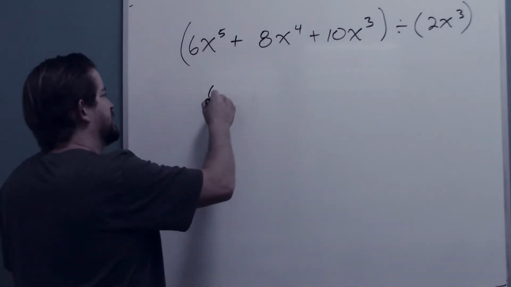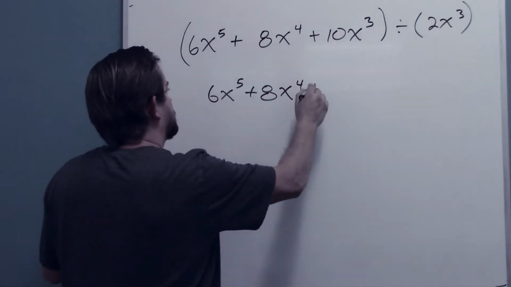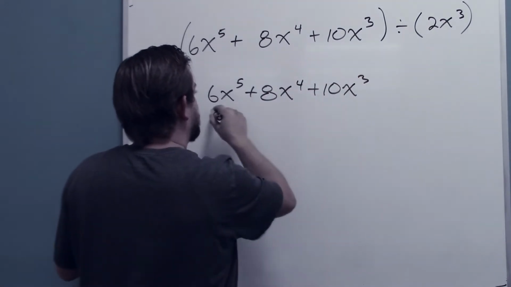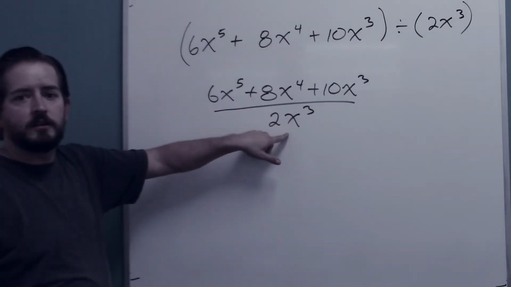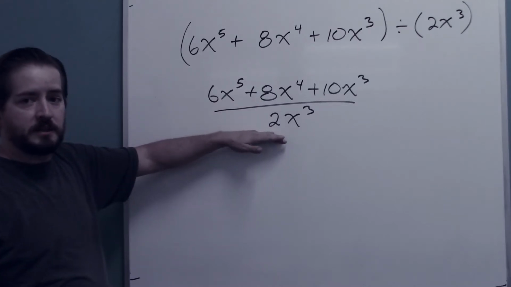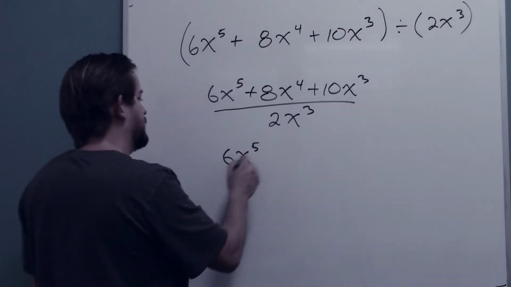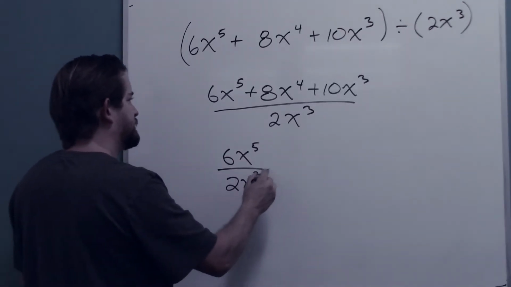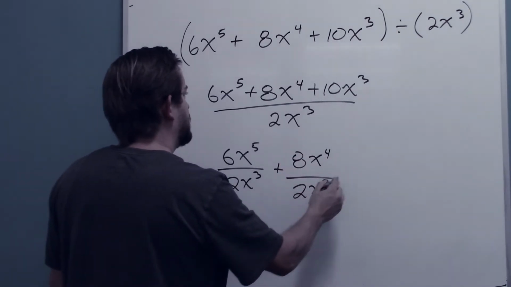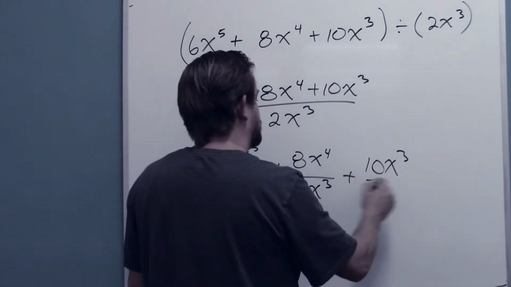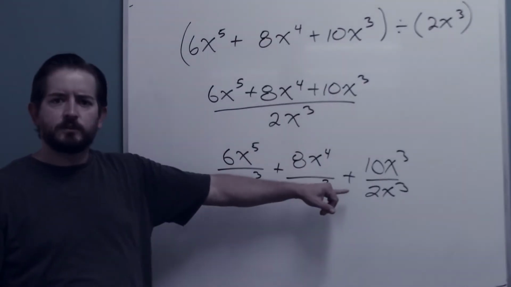Because this division is essentially just a rational expression, all of that over 2x to the third. But again, each of these individually can be placed over 2x to the third because it's just a monomial. So I can write it as this, 6x to the 5th over 2x to the 3rd plus 8x to the 4th over 2x to the 3rd plus 10x to the 3rd over 2x to the 3rd. Which means I can just divide each one of them individually.